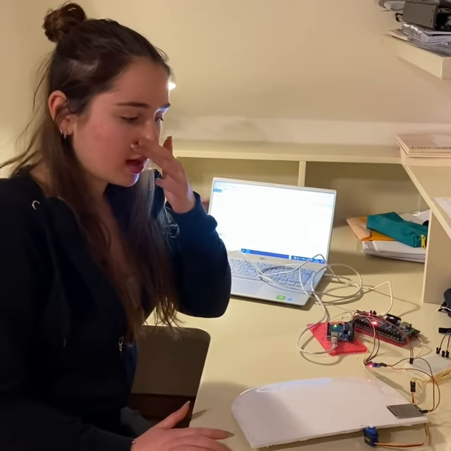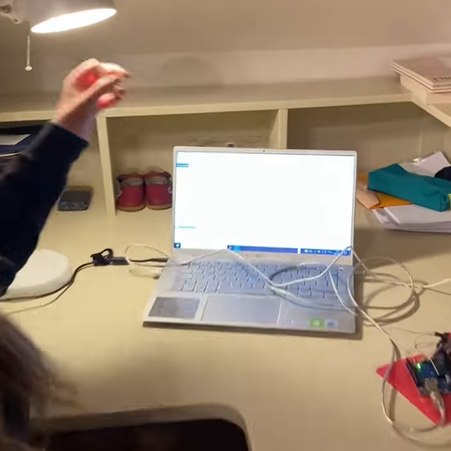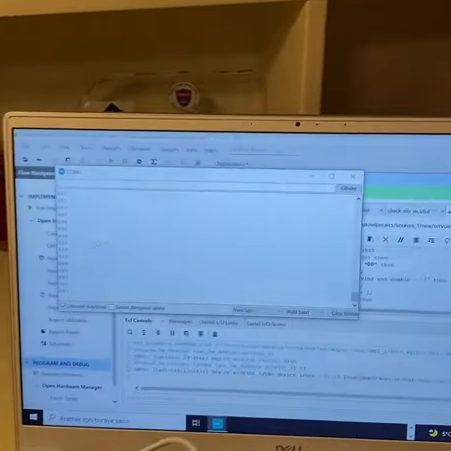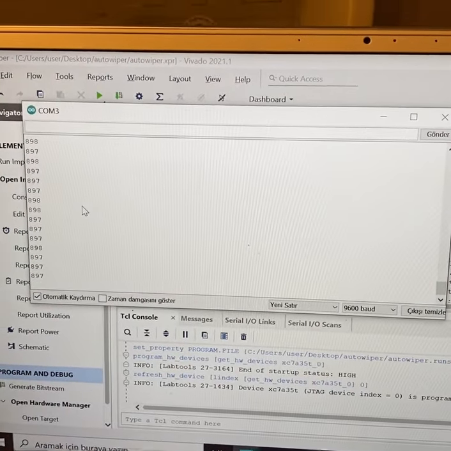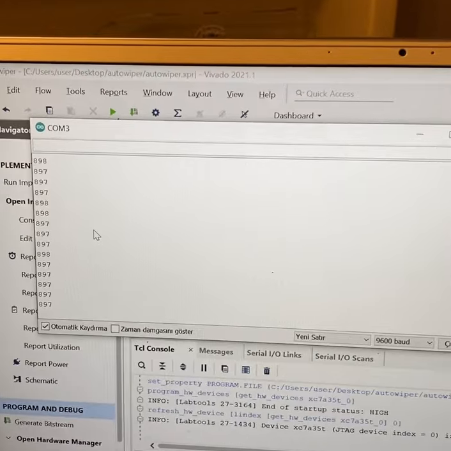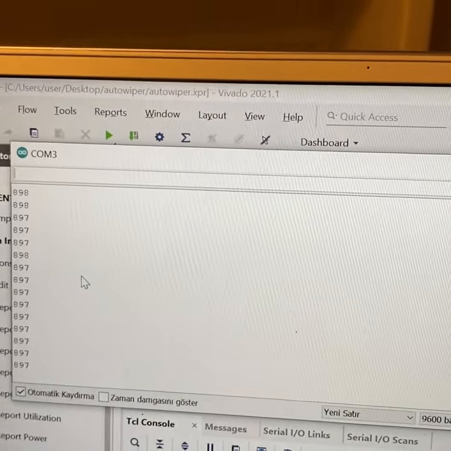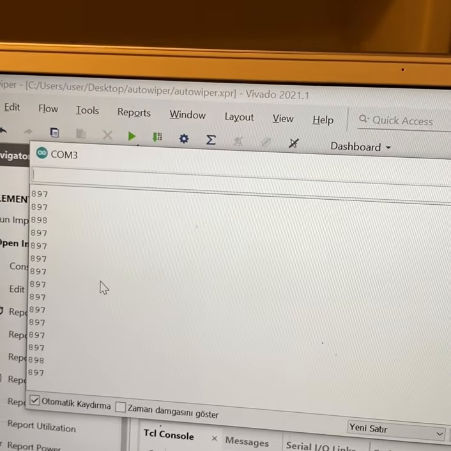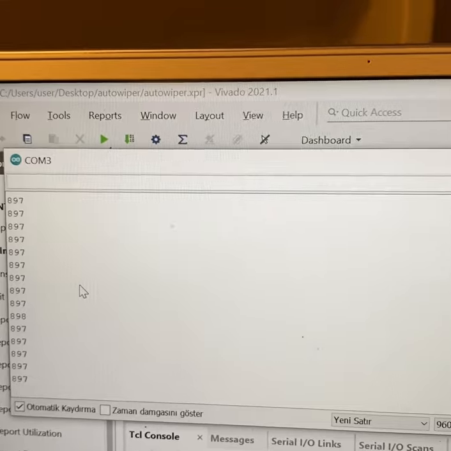First of all, I obtained analog signals from the Arduino Uno, as you can see here. My sensor has analog signals up to 900, and I divided these integers into intervals so that I can obtain 4 different states.